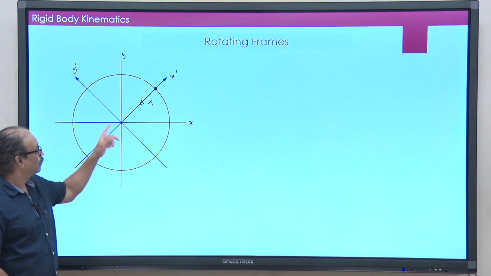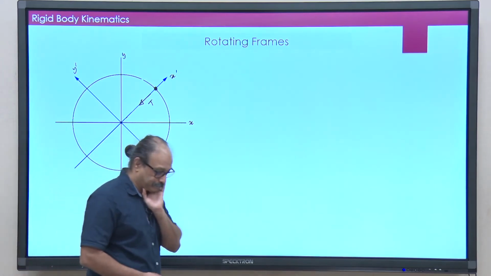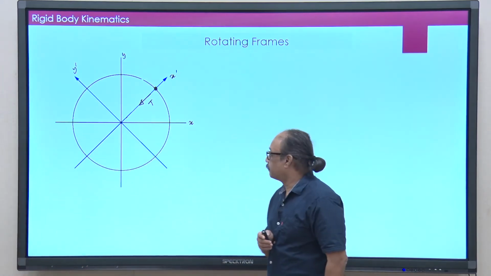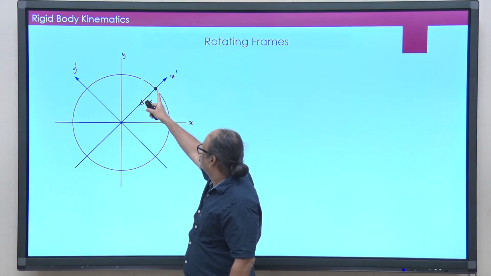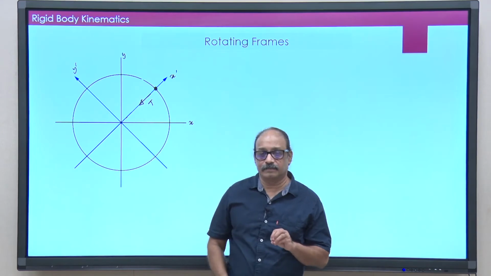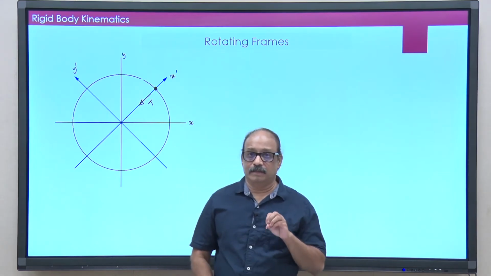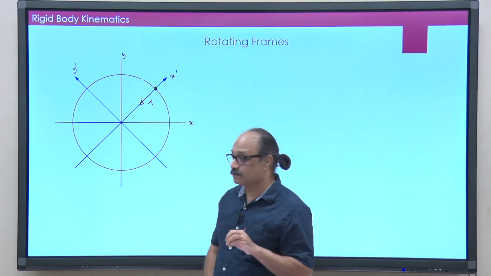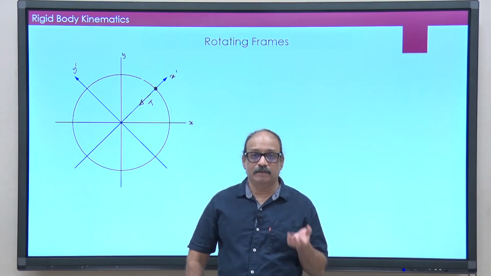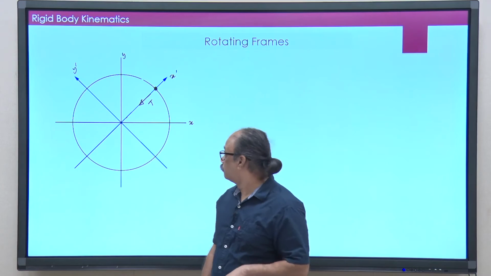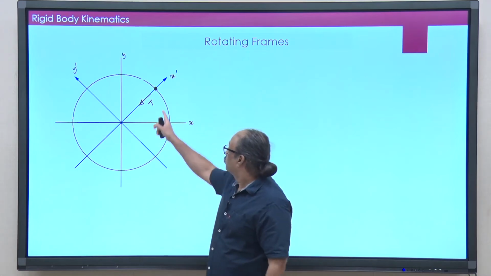So, in the first example, we had this particle which is just sitting on the x prime axis. In the x prime frame, it is basically not moving, it just stays there.